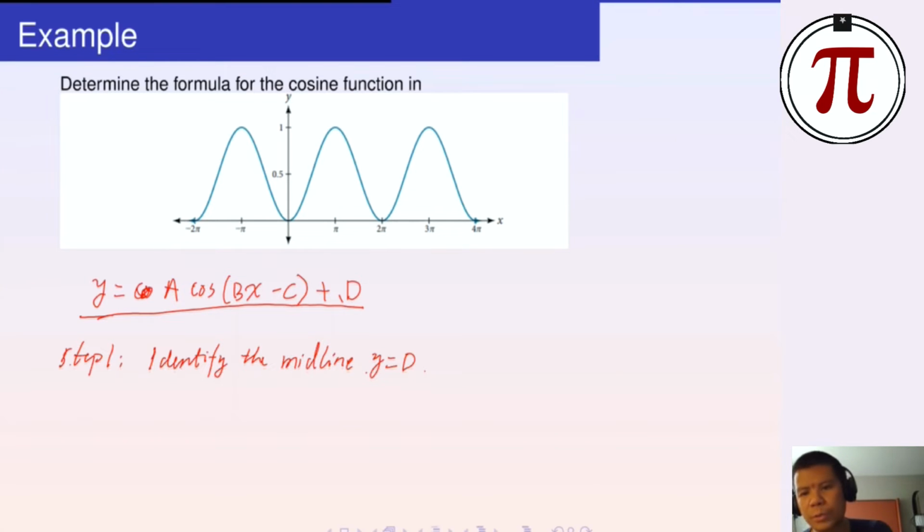So what is the midline for this one? It is y equals 0.5, as you can see. So from this graph, D is the midline, y equals 0.5. Hence, D equals 0.5.